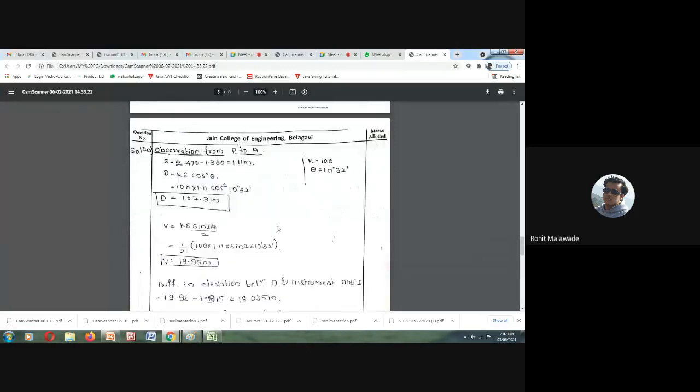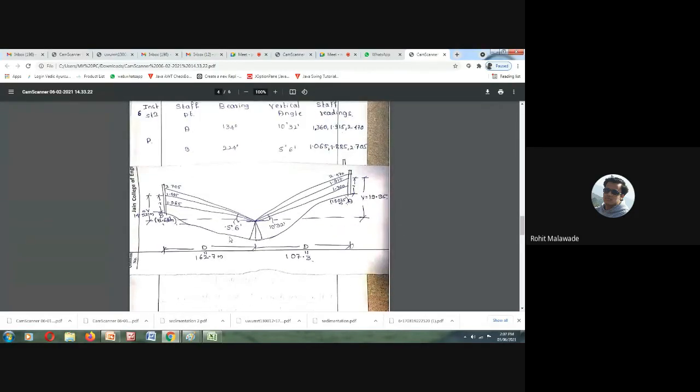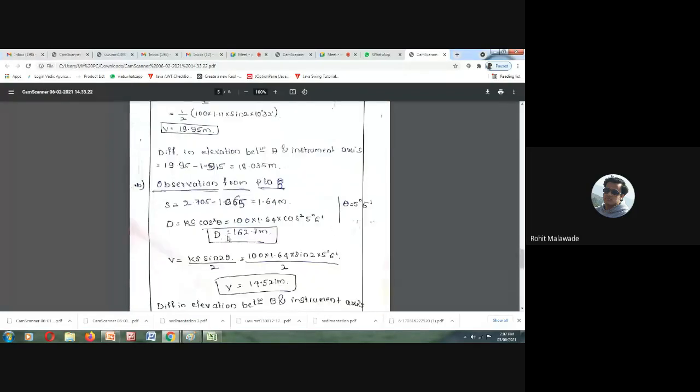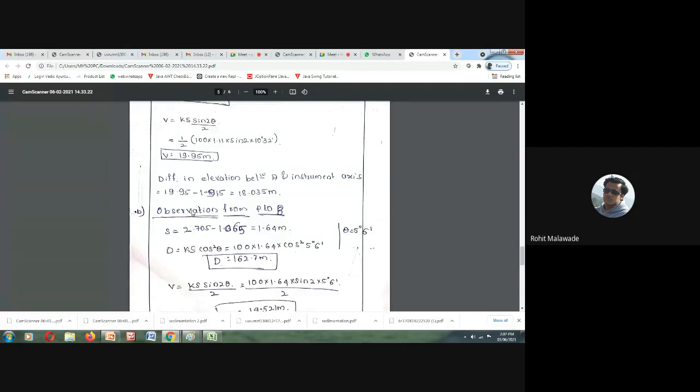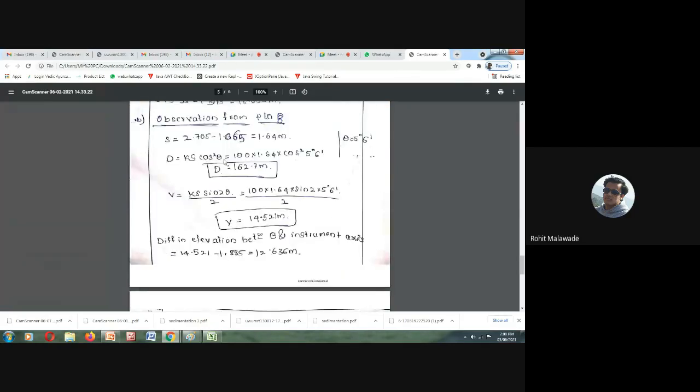Observation from P to B. Again, the same rules we are going to follow. D is equal to Ks cos square theta. S is top minus bottom, top is 2.705 minus 1.065, so we get the S reading, that is 1.64 meters.